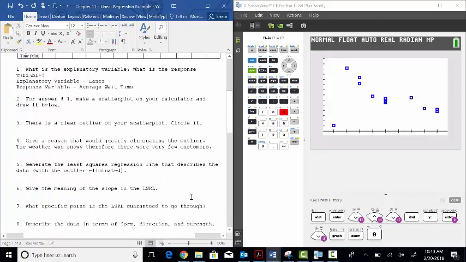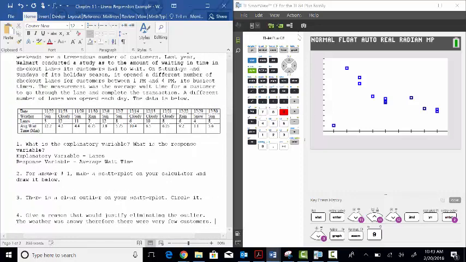All right, so then the next question says, if we have this outlier that really is not giving us any good information for the particular data that we're looking for, we can go ahead and eliminate that outlier. We don't need it in our data set. So they want us to create a least squares regression line for the data, but they want us to take out the outlier.